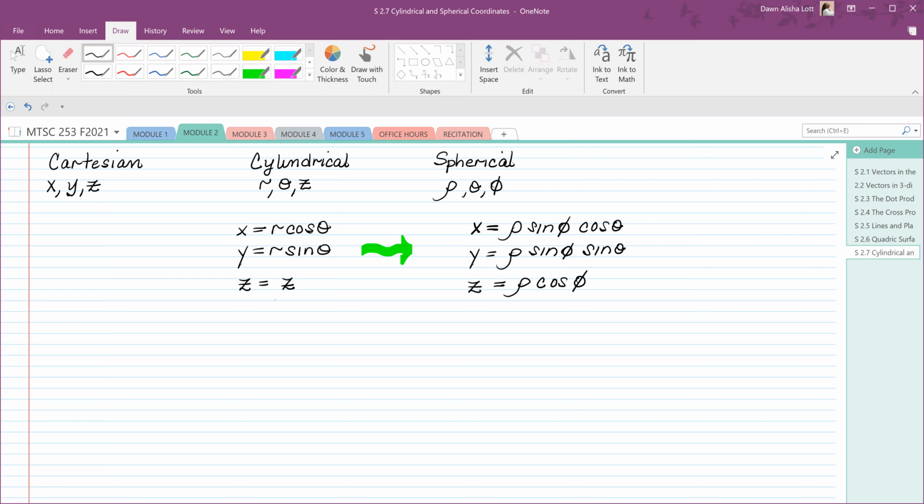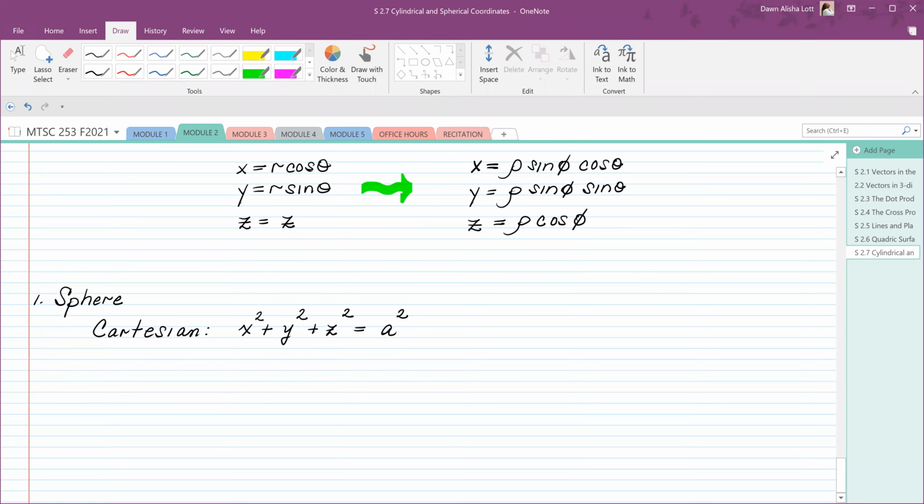So let's just take for a moment the sphere. We said the sphere in Cartesian coordinates is x squared plus y squared plus z squared is equal to a squared.